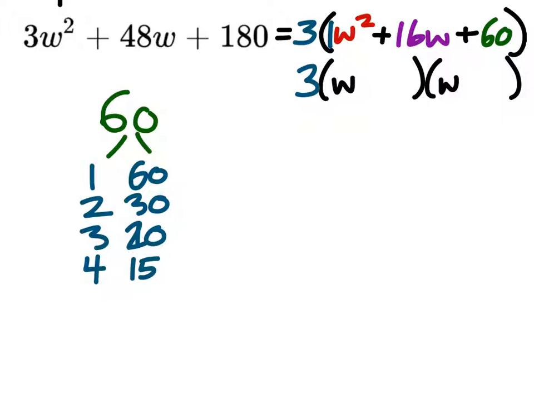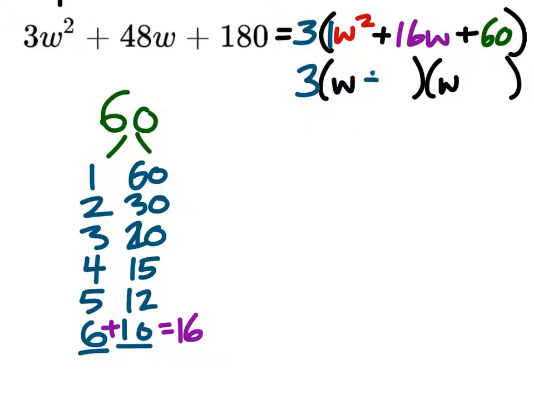That's 19, so we're getting closer. 5 and 12, nope, 17. 6 and 10, yep, that'll do it. 6 plus 10 is the b value at 16. Again, I'm looking at the b value for our greatest common factored expression. So, since that is 16, the two factors were 6 and 10, positive 6, positive 10, done.